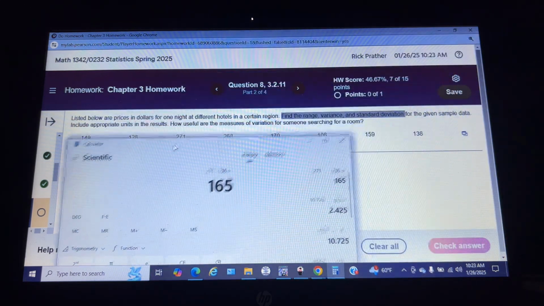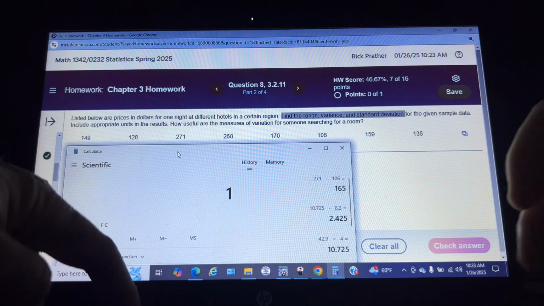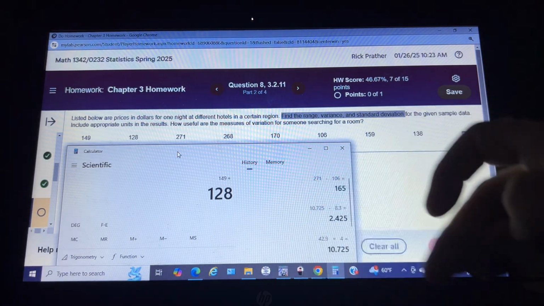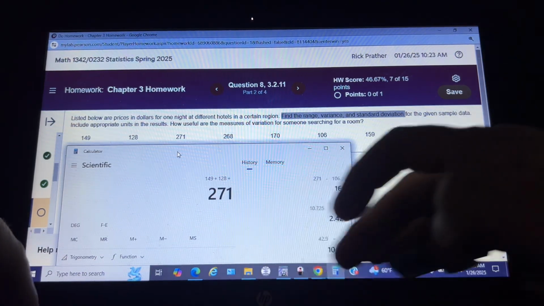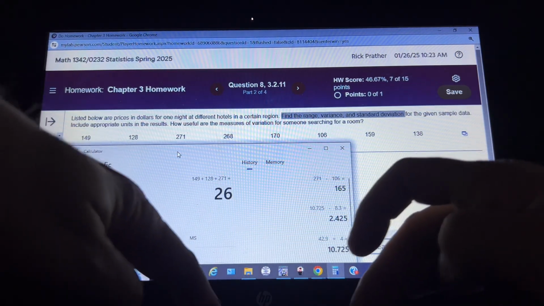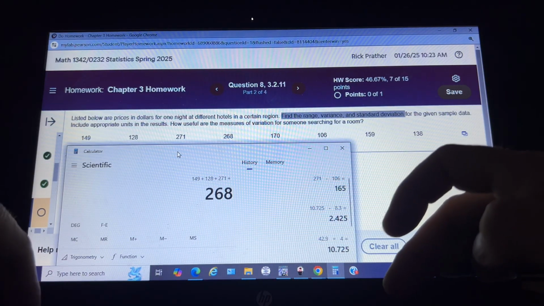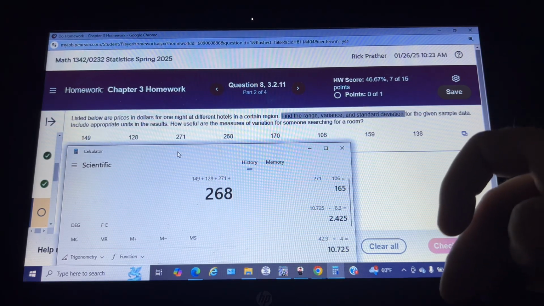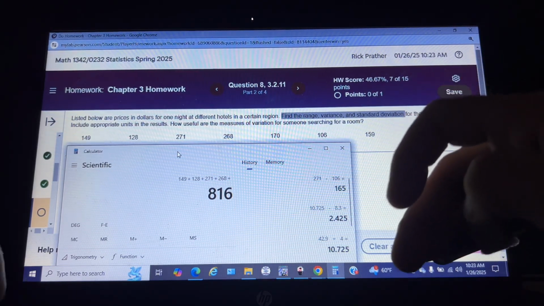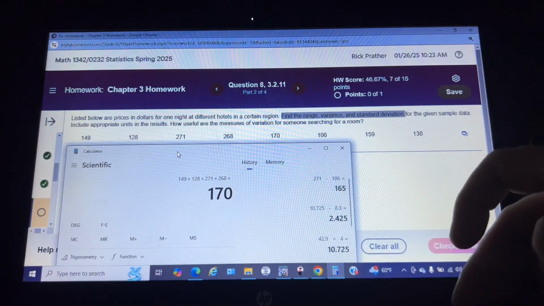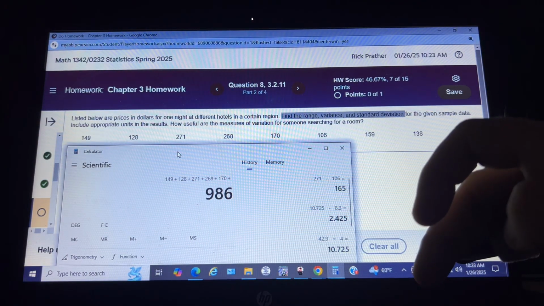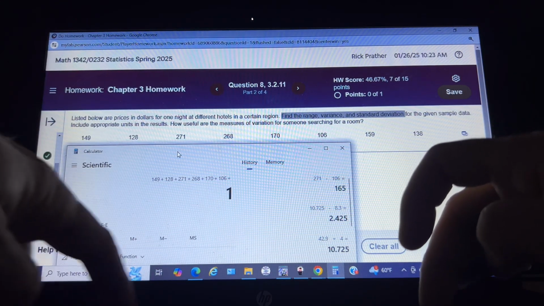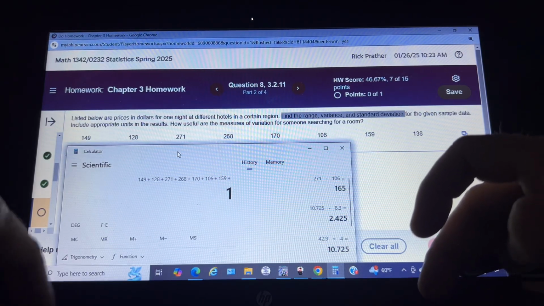Let me move this so you can see them all. 149 plus 128 plus 271 plus 268 plus 170 plus 106 plus 159 plus 138.